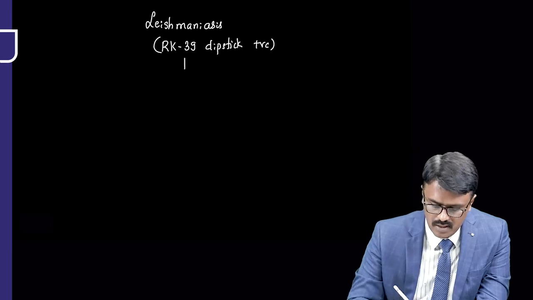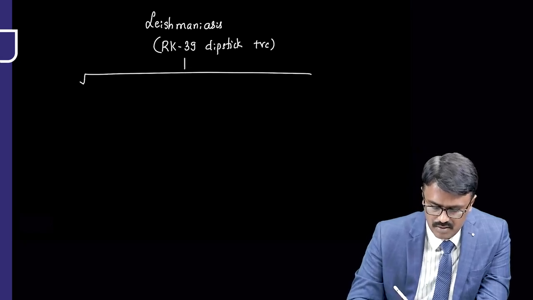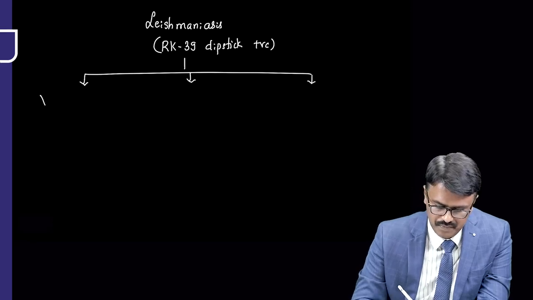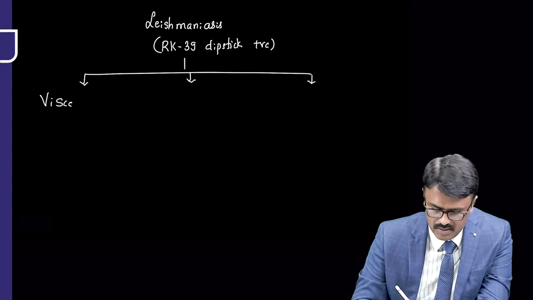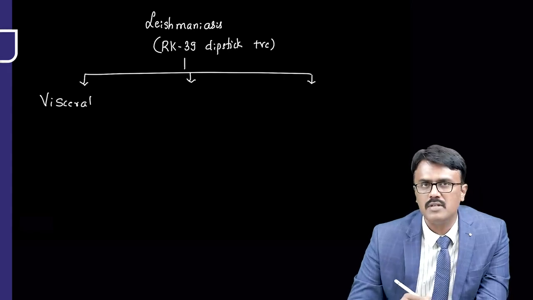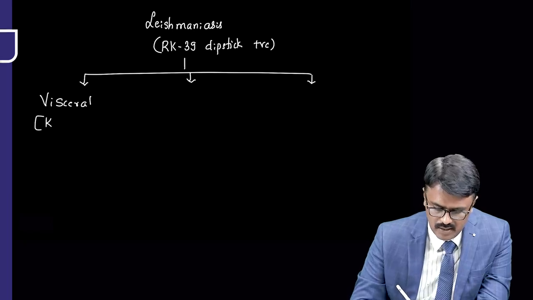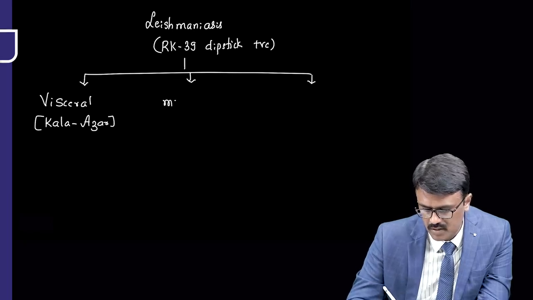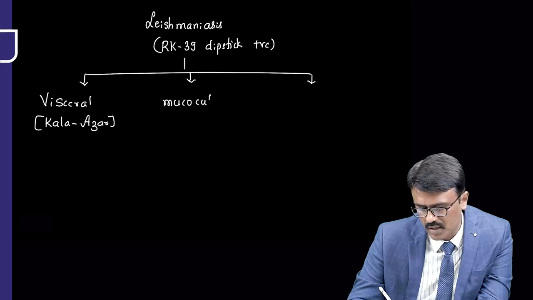Now leishmaniasis has basically three different varieties. What are those? The visceral leishmaniasis, which is also called Kala Azar, and we have one more, called mucocutaneous.